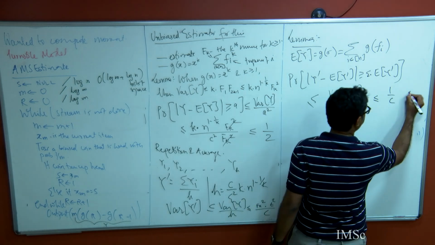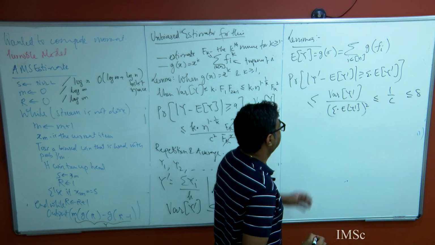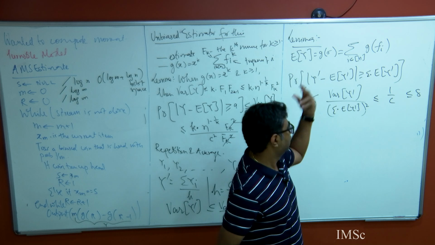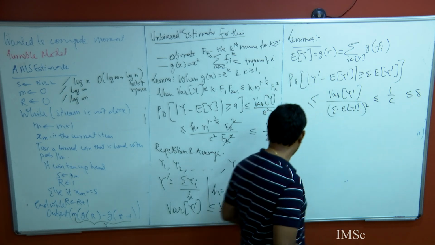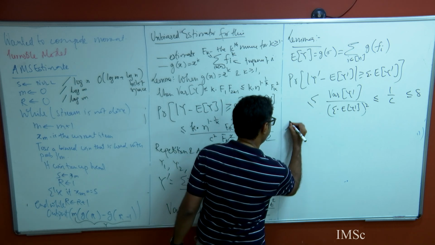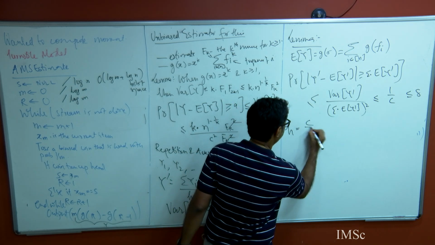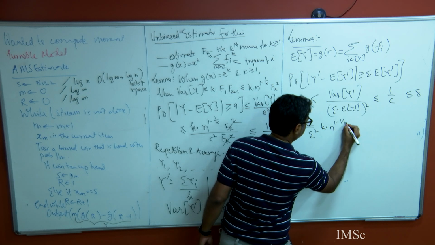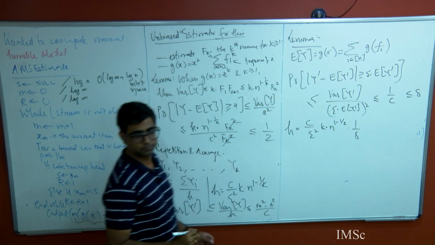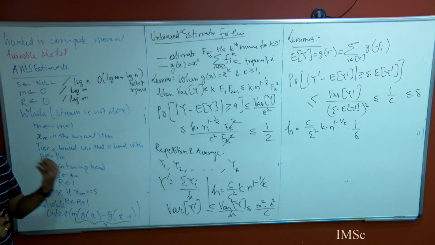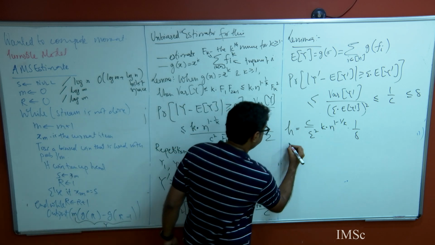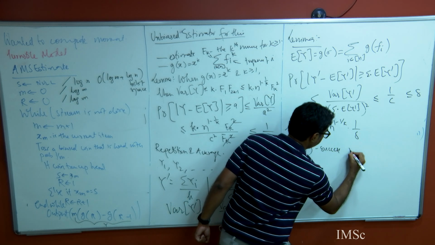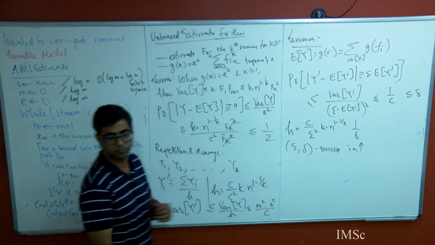So if I want this to be less than or equal to delta, so I am not too far away from epsilon with success rate delta, then the number of times h has to be computed is c over epsilon square times k times n, 1 minus 1 by k, times 1 over delta, right. So I can achieve what we call epsilon-delta success in these many repetitions.